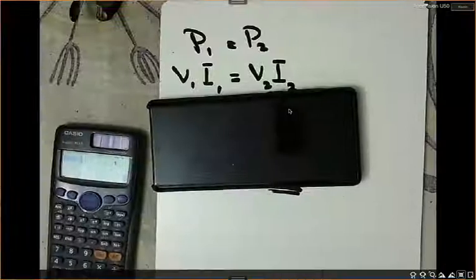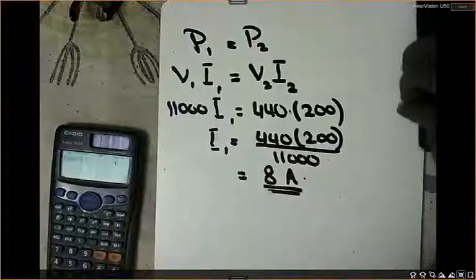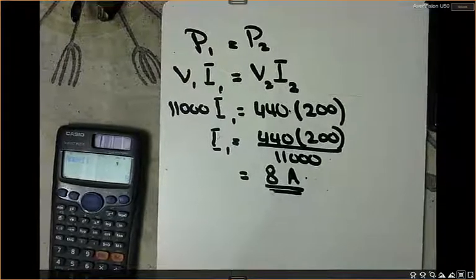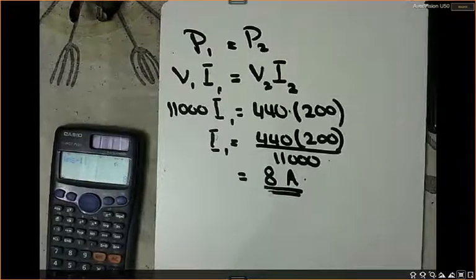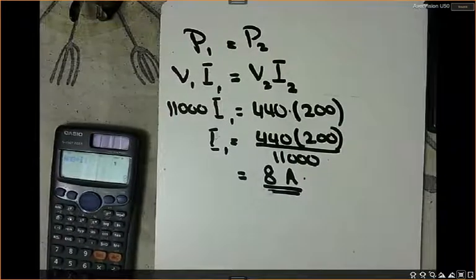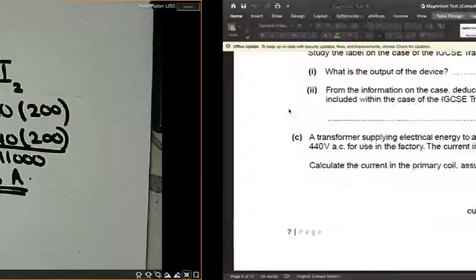Okay, so yes, this is the final answer, which is 8 amps. Right, the final answer is 8 amps. V1 I1 equals V2 I2. Good. All right.